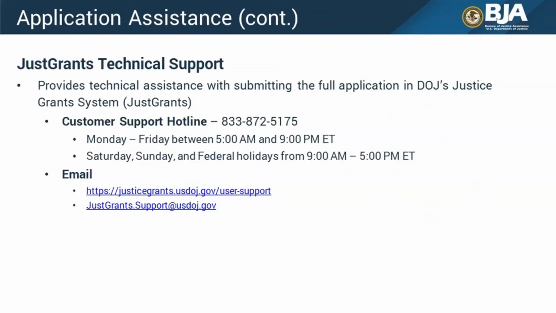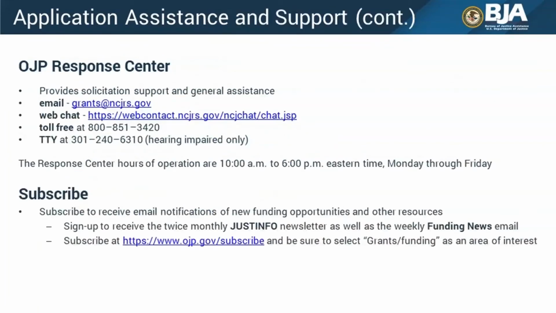Please take note of the hotline numbers and email addresses, as well as the hours of operation. And if you have questions about the solicitation or need general assistance, you may also reach out to the OJP Response Center. Again, please take note of the ways to connect with phone, chat, or email, as well as the hours of operation.